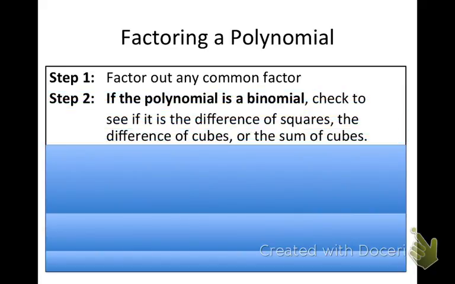All right, step 2. If the polynomial is a binomial, so if we end up with only 2 terms, then you're going to check to see if it is the difference of squares, the difference of cubes, or the sum of cubes.